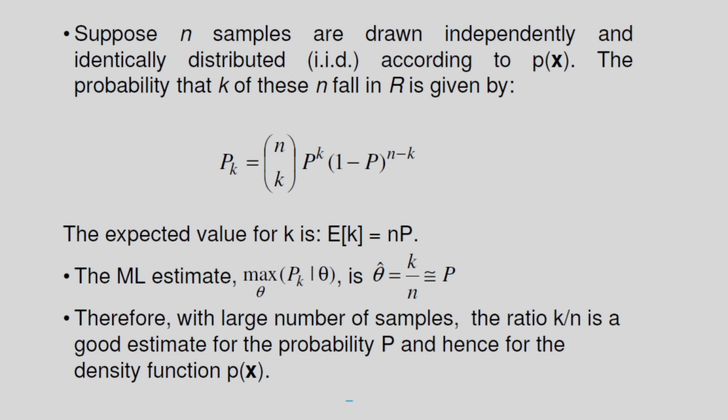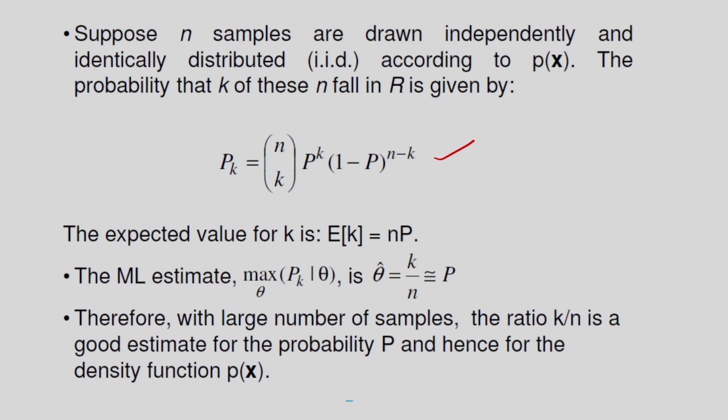Suppose n samples are drawn independently and identically distributed, that is IID, according to p(x). The probability that k of these n samples fall in the region R is given by this distribution, the probability Pk, which is nothing but the binomial distribution.